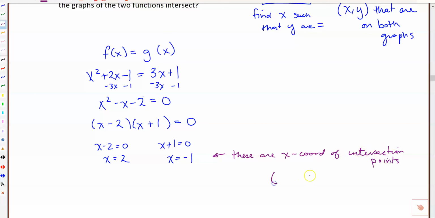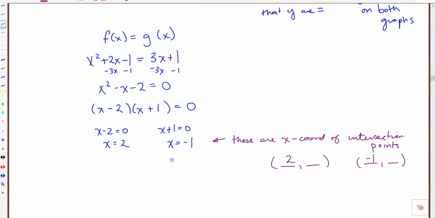If I think about it, I'm finding ordered pairs, right? I just found the x coordinates. So apparently one of the intersection points is going to happen at an x coordinate of 2, and the other intersection is going to have an x coordinate of -1.